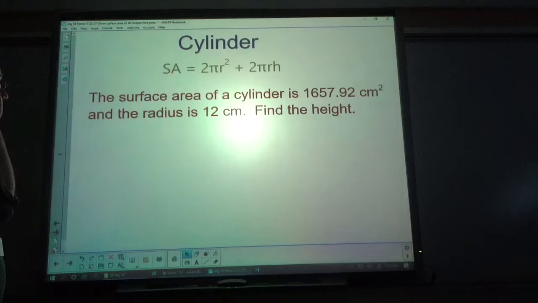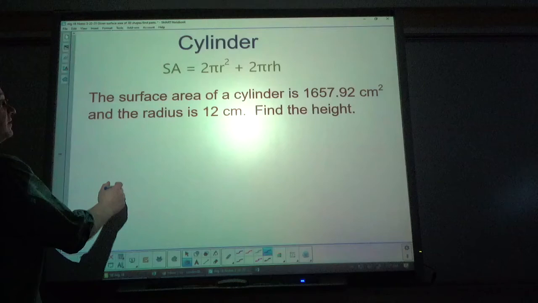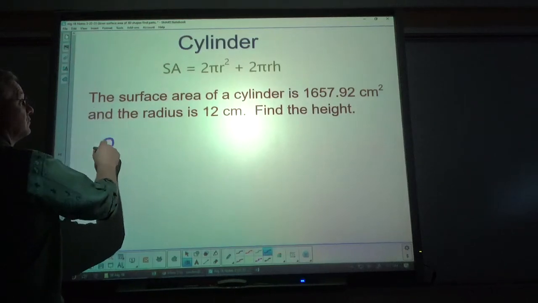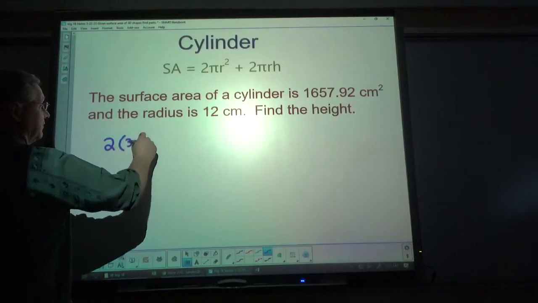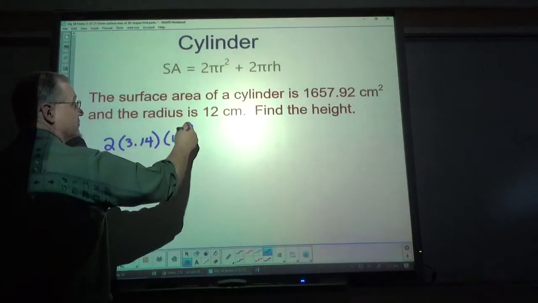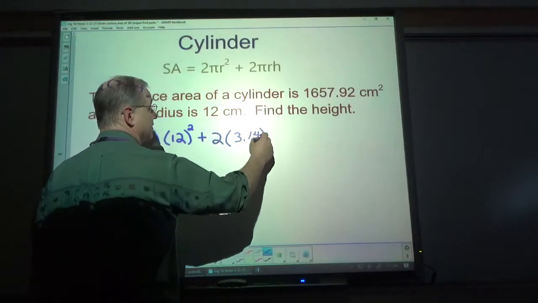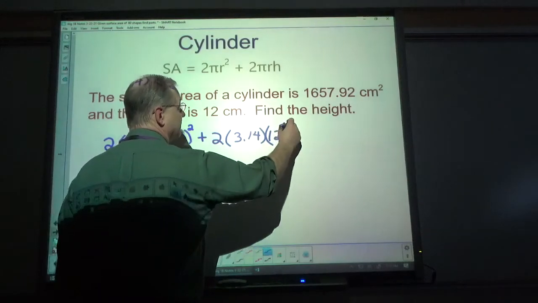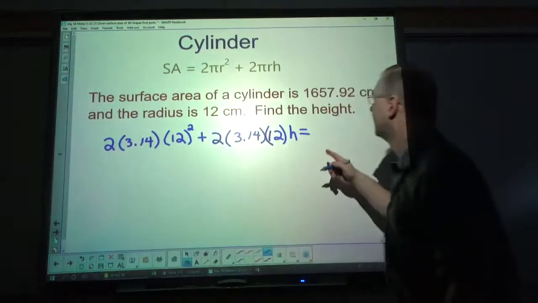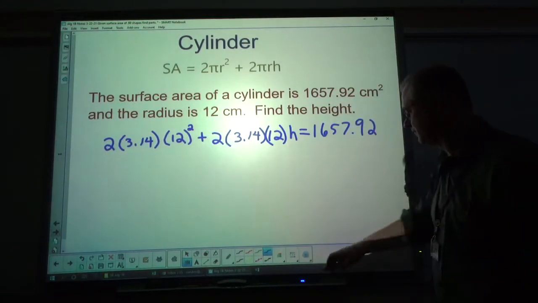Cylinder. In a cylinder, surface area is 2 pi r squared plus 2 pi r h. Remember, pi is 3.14. All right. So in this case, 2 times 3.14 times r, 12 squared, plus 2 times 3.14 times 12 times h equals our surface area, 1657.92.